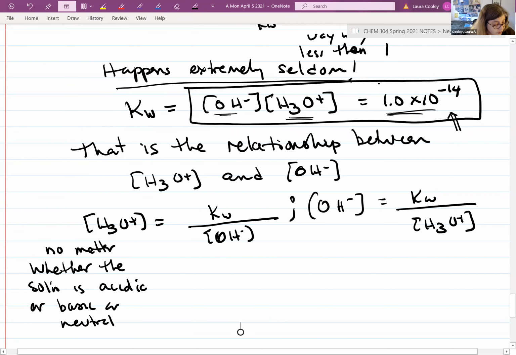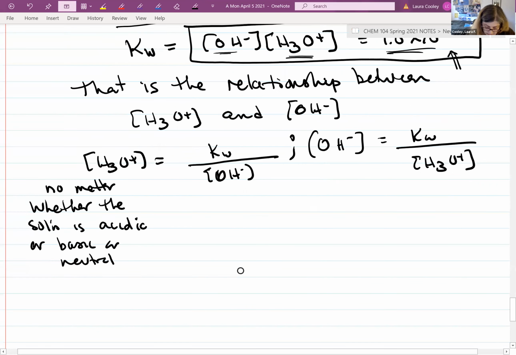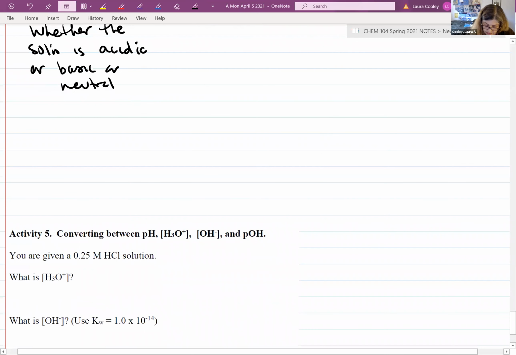Okay, so we can always figure out one when we know the other. All right, so let me do some examples.